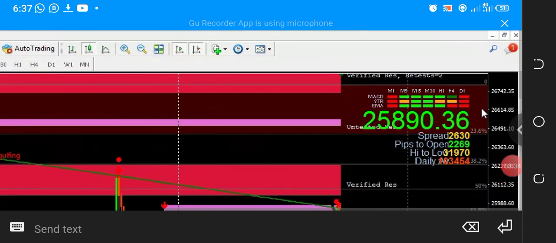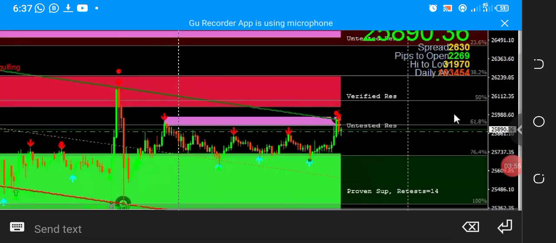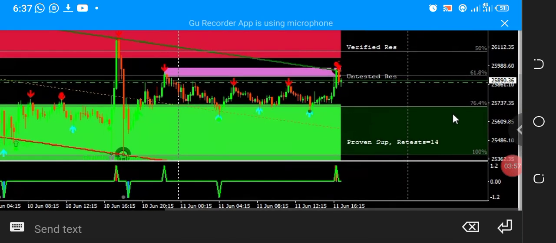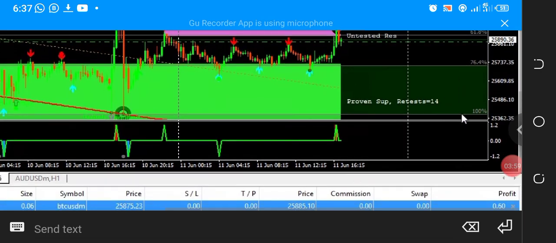Now for a sell trade, you want to make sure that price has come into this zone here, and this 0 here has turned to 100. If you scroll down, you will see that we have 100 here.